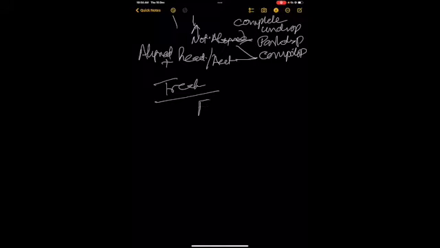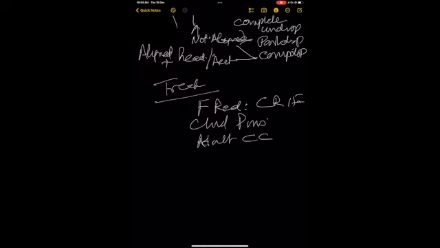Fracture: closed reduction, internal fixation. In children you may use pins. In adults, cannulated cancellous screw. Not reducible: open reduction, internal fixation, and then you can plus minus graft.